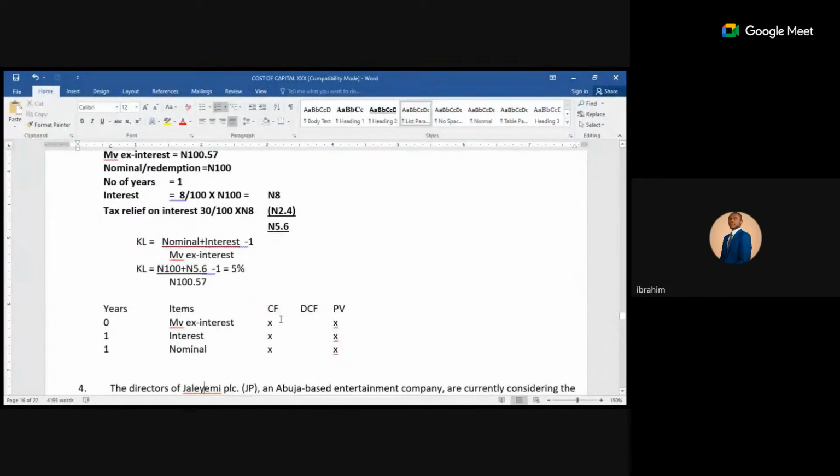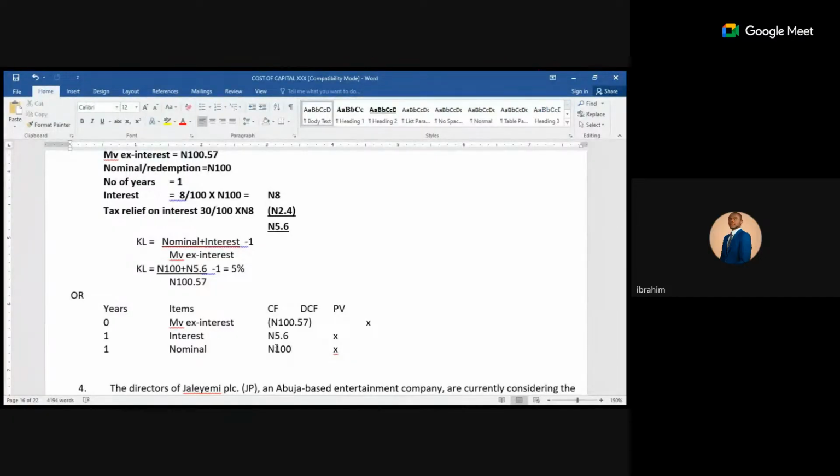So here we can have the market value as interest to be this 5.57. The interest, net of tax, we've considered the relief. Then we should not forget that this is an outflow. Then the nominal is 100, right?